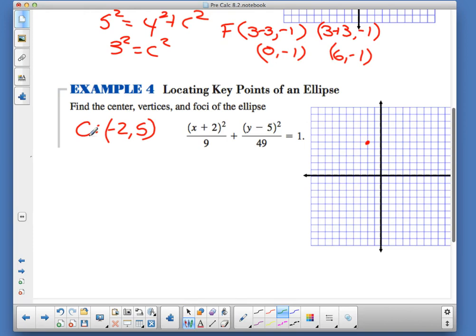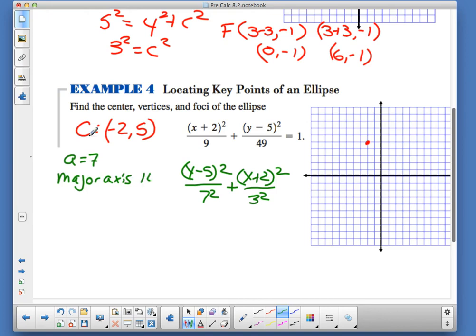Now, I can read my A, and I'm going to put it in the right order. Although I redo the order, my X and Y stay together with H and K: X minus H and Y minus K. But here, I've got X plus 2 squared over 3 squared. So now I know that A is 7, which means my major axis is 14.